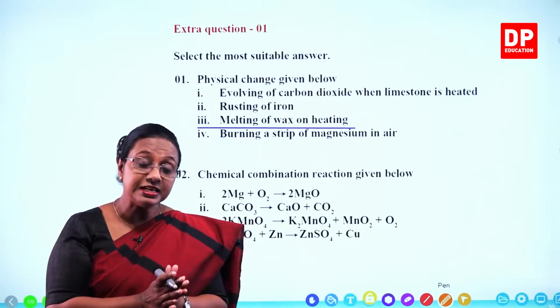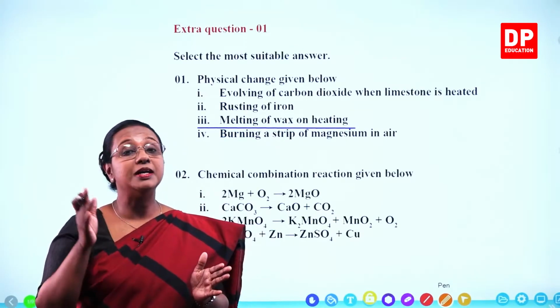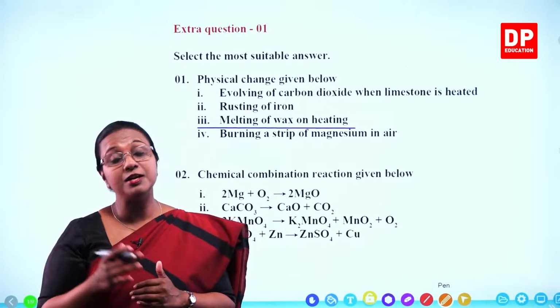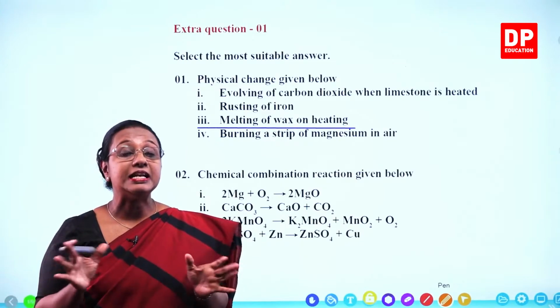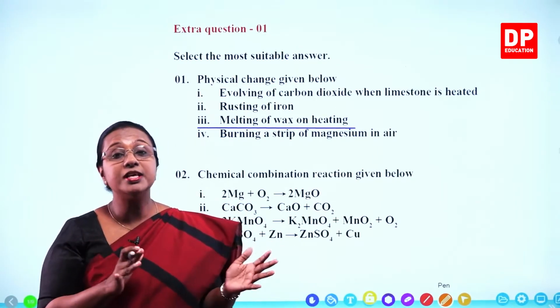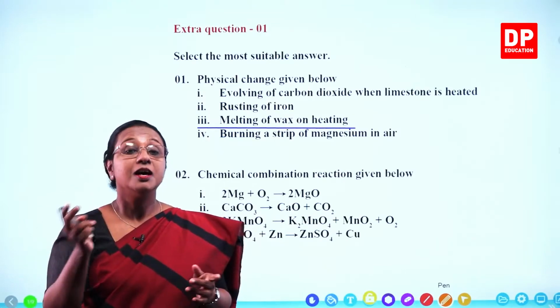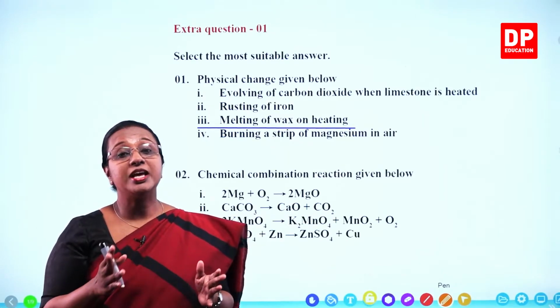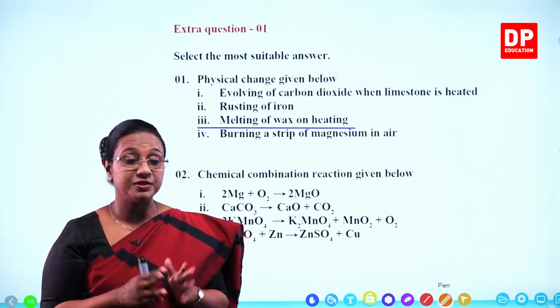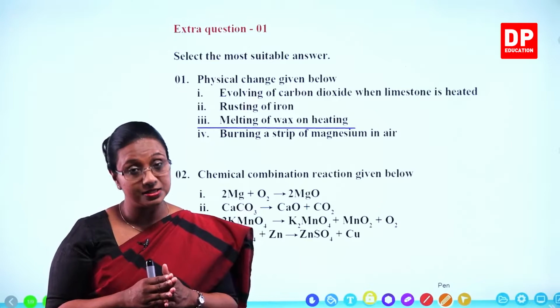If it is single displacement, one element, one compound, and the element displaces another element from the compound. In a double displacement, there are two compounds and both the compounds get displaced. Both parts of the compounds get displaced by the other two parts of the other compound. That's why we call it double displacement.